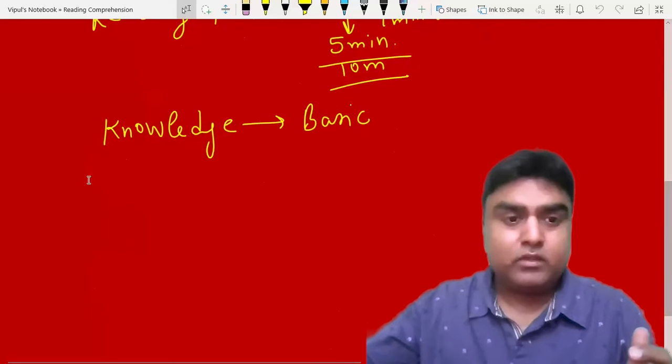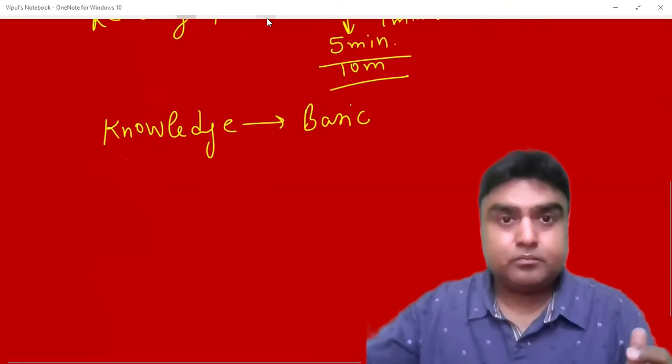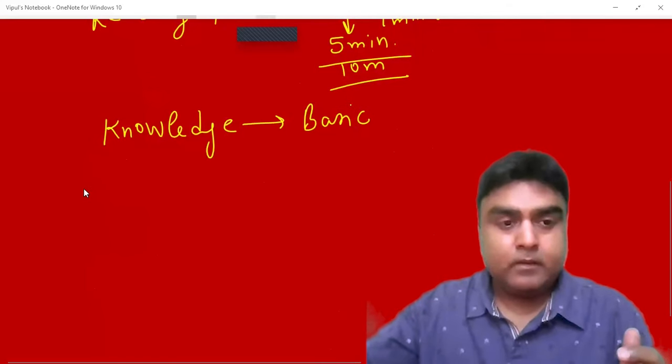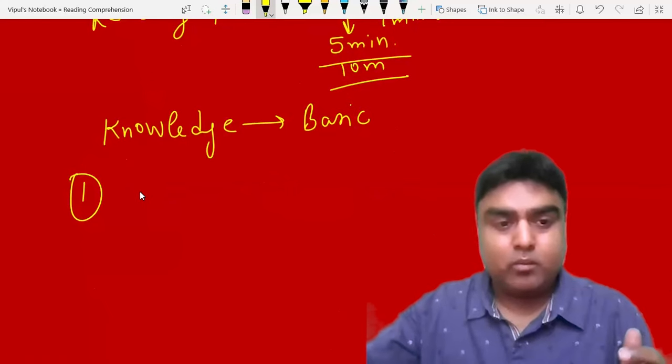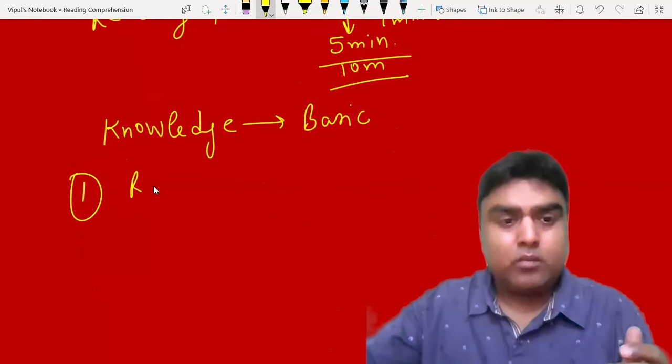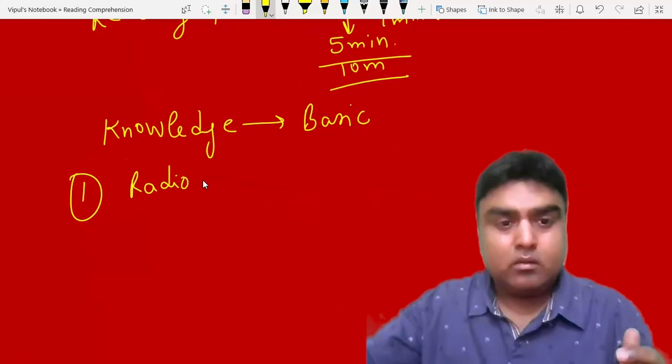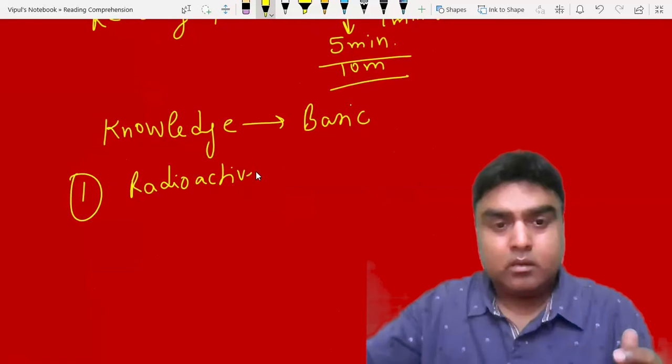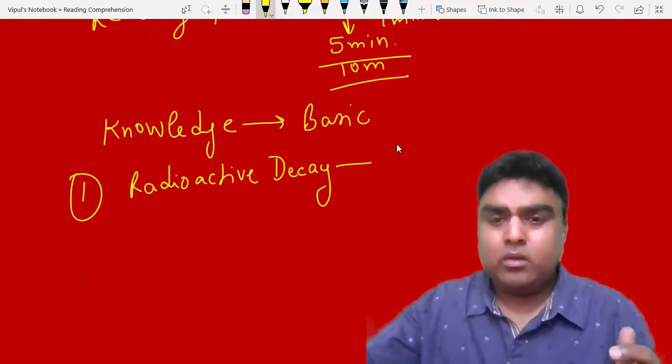So when we talk about the first paragraph, let's say the first paragraph, it is talking about radioactive decay, and it talked about two rays.